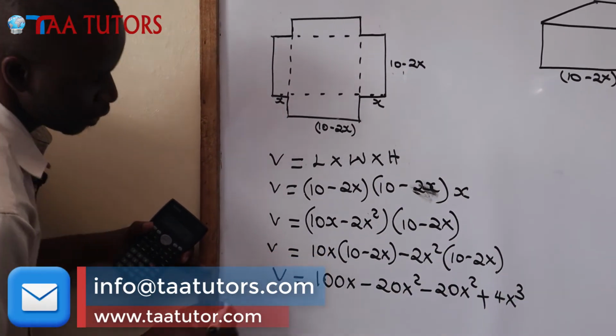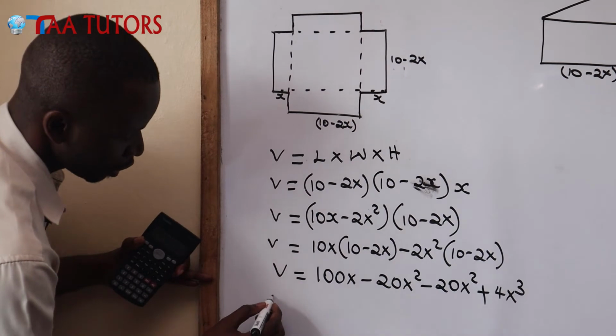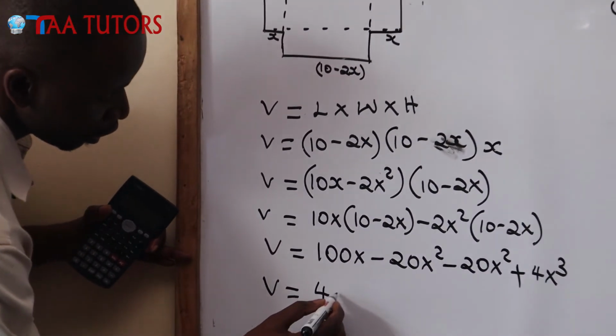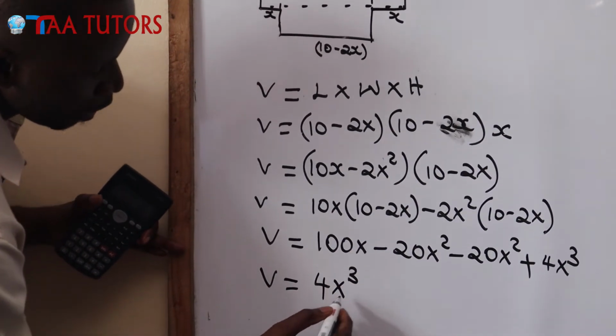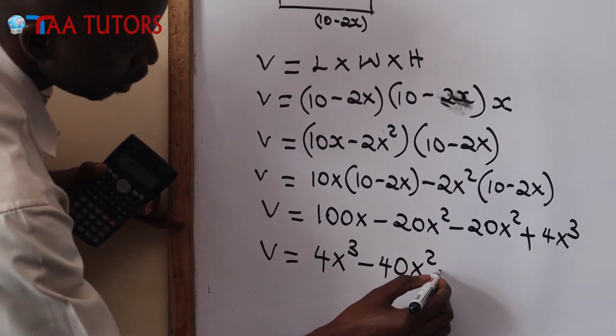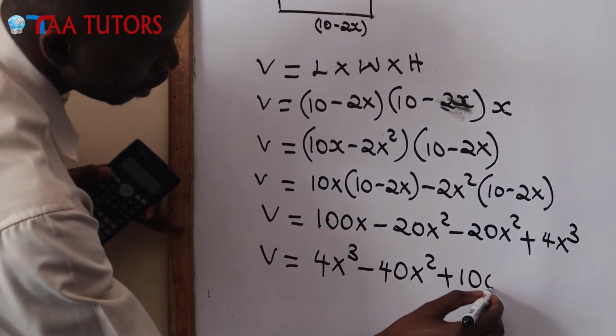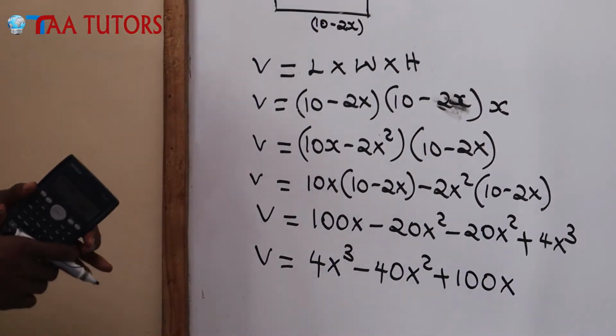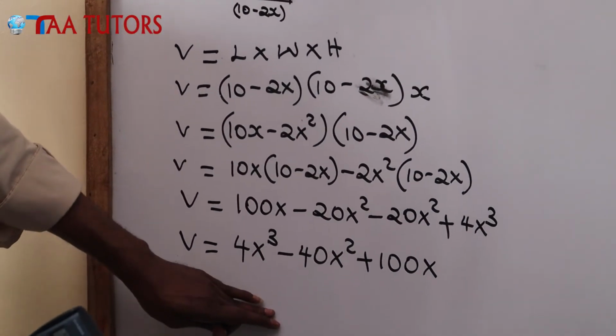This one is v. So if you collect like terms, I can say v therefore equals 4x cubed minus 40x squared plus 100x. This is the expression for volume.